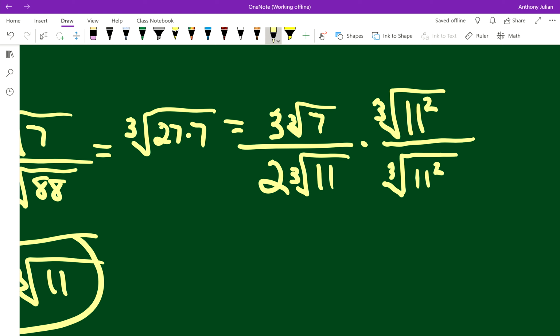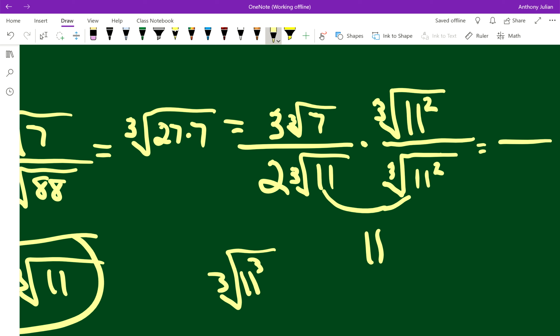Do it equally. Now I can go ahead and say, what's the bottom going to be? Well, the cube root of 11 times the cube root of 11 squared is the cube root of 11 to the third power, which is easier to figure out. So these two end up equaling 11, times the 2, so that gives you your 22 on the bottom.